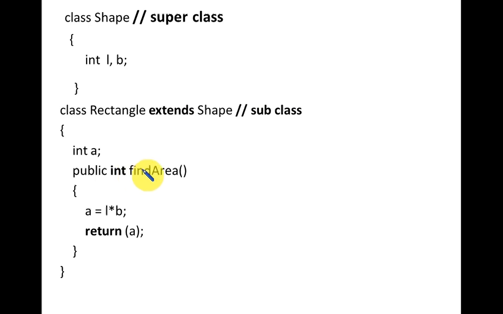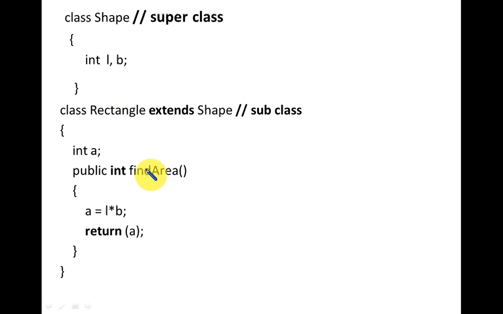Here the method name is findArea. By convention, all class names must start with a capital letter, like S in Shape and R in Rectangle. In case of a method, the first letter should be small, whereas if it is two words, the middle letter should be in caps.